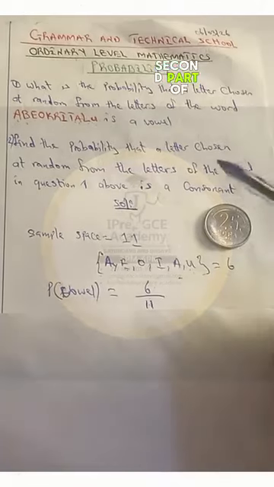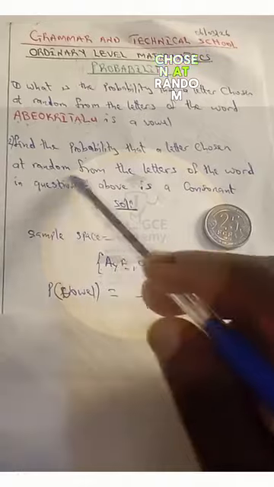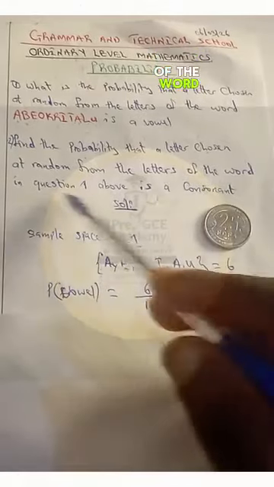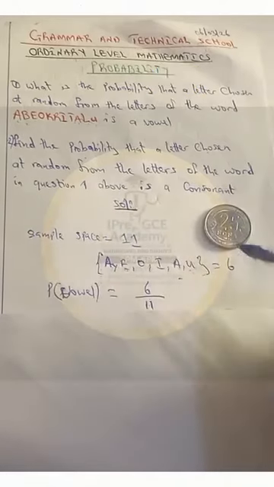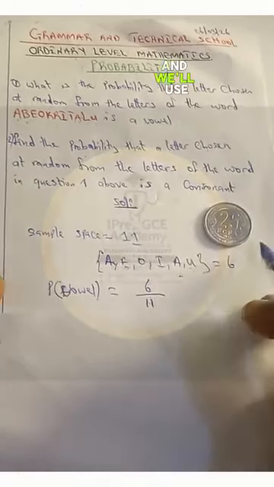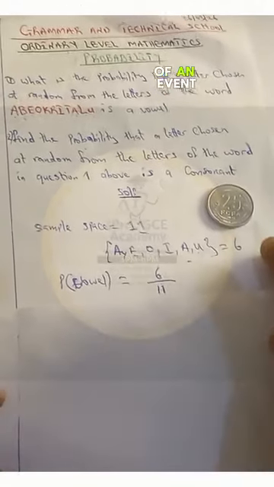Okay, so the second part of the question says, find the probability that a letter chosen at random from the letters of the word in question 1, this same word above, is a consonant. Now, there are 2 ways of doing that, and we'll use the first approach, being understanding the concept of the complement of an event.